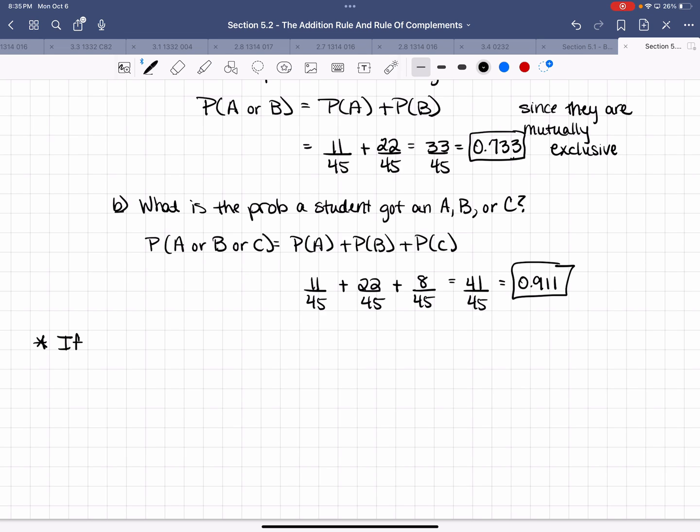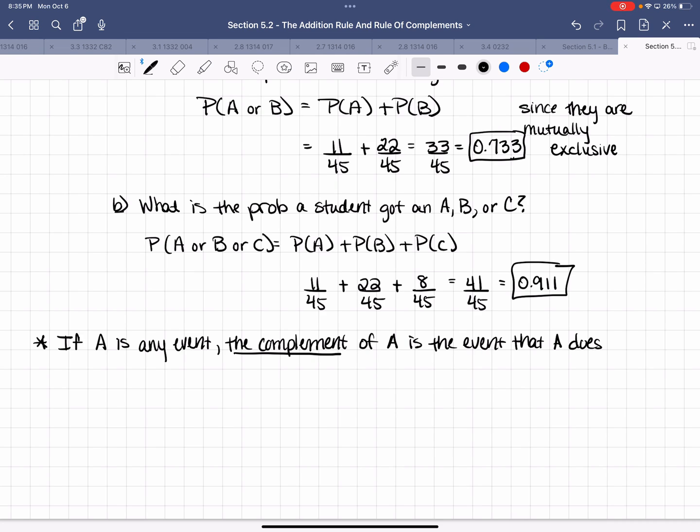5. If A is any event, the complement of A is the event that A does not occur.